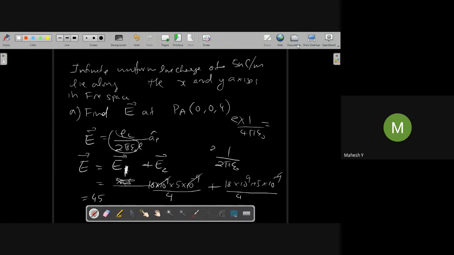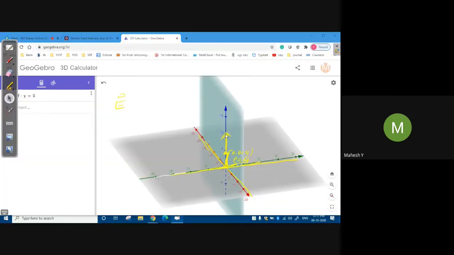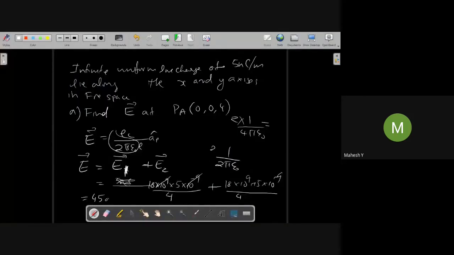What is the direction? a z cap. So 45 a z cap. Correct, that is the correct answer. Okay, so is this clear how to find the electric field intensity due to a line charge?